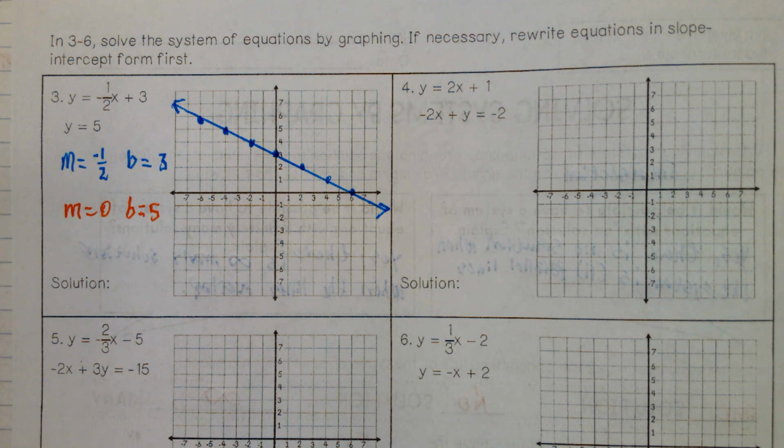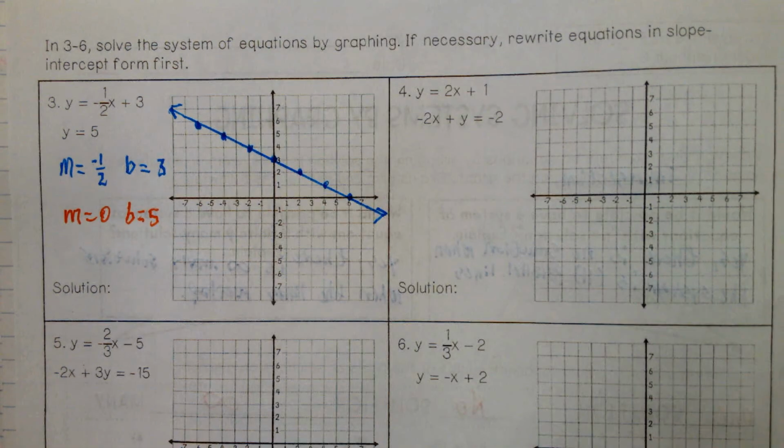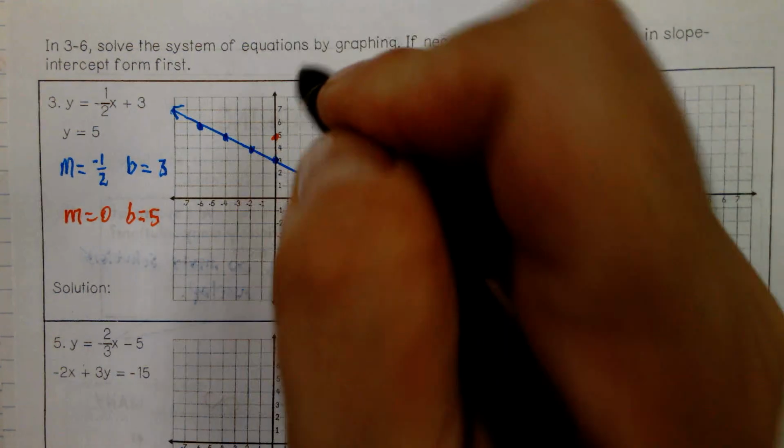It's a special kind of line. It doesn't touch the x. It's actually going to be parallel to the x. It's going to go something like this. It's horizontal. Very good. Where is it going to cross the y-axis? 5. Yeah, because that's the y-intercept. So here, put a 5.